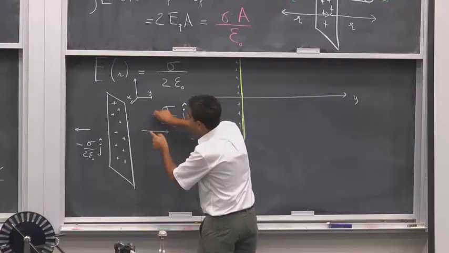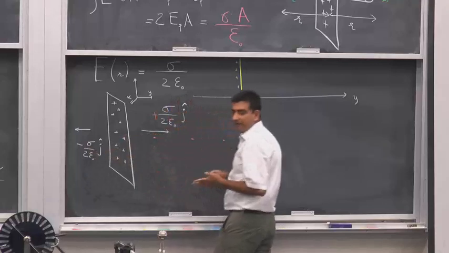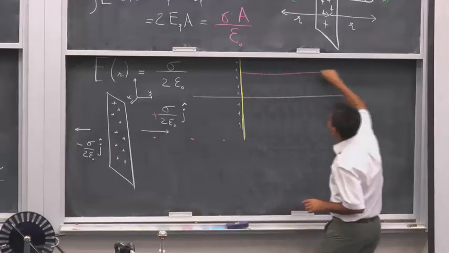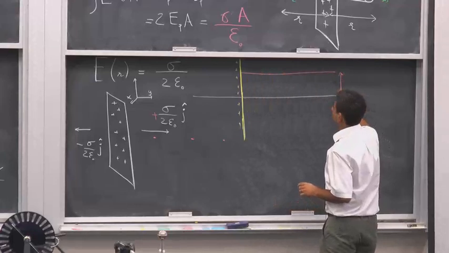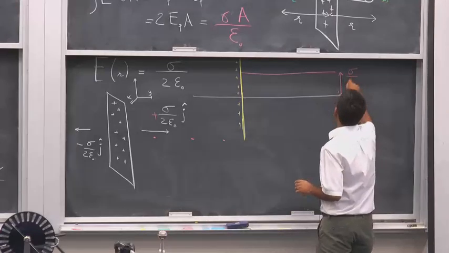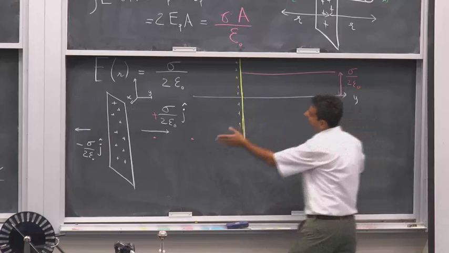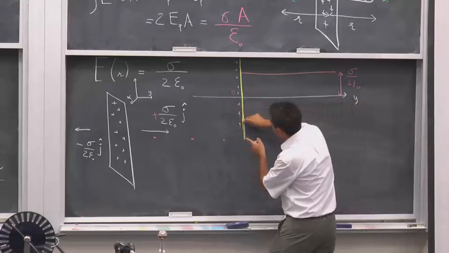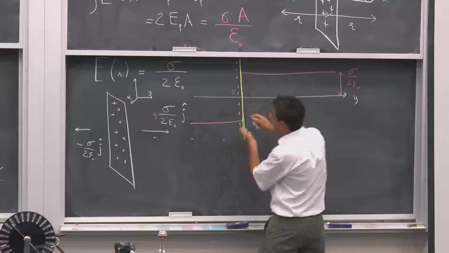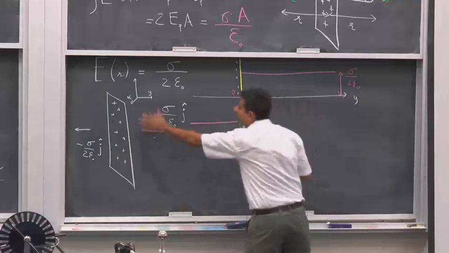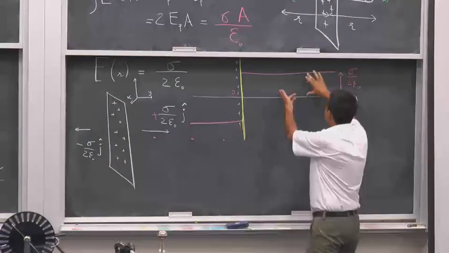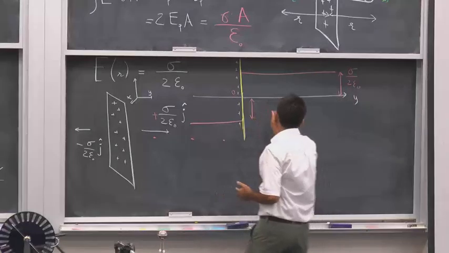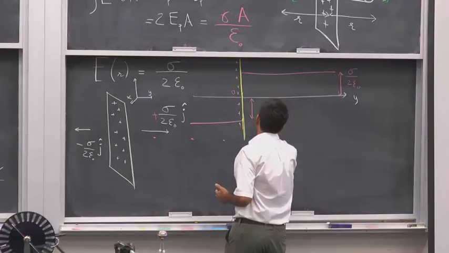Here it's negative if I were to respect the directions, and it's constant. So on the positive side it has a constant value which is sigma over 2 epsilon naught, and on the negative side it just flips its direction. So I would like to make this go to negative, the same magnitude but negative. So on the left of this infinite sheet it has the same magnitude but it's negative. So this amplitude is again sigma over 2 epsilon naught.